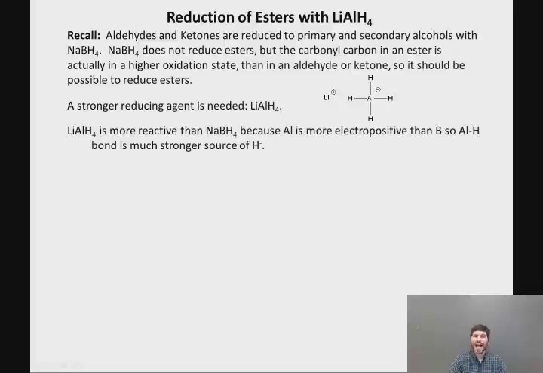Lithium aluminum hydride is more reactive than sodium borohydride because aluminum is more electropositive than boron is. So that means that the aluminum hydrogen bond is more polarized, Al+ H-, and therefore this reagent really does behave more like a source of H-, much closer to free H- than NaBH4 does.